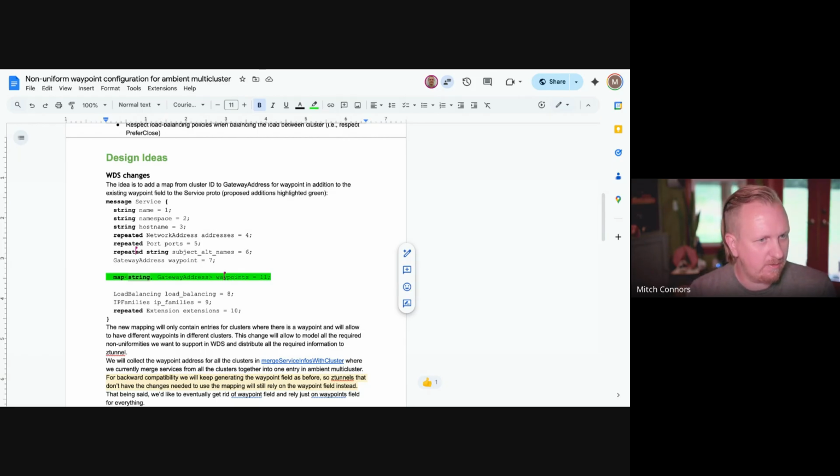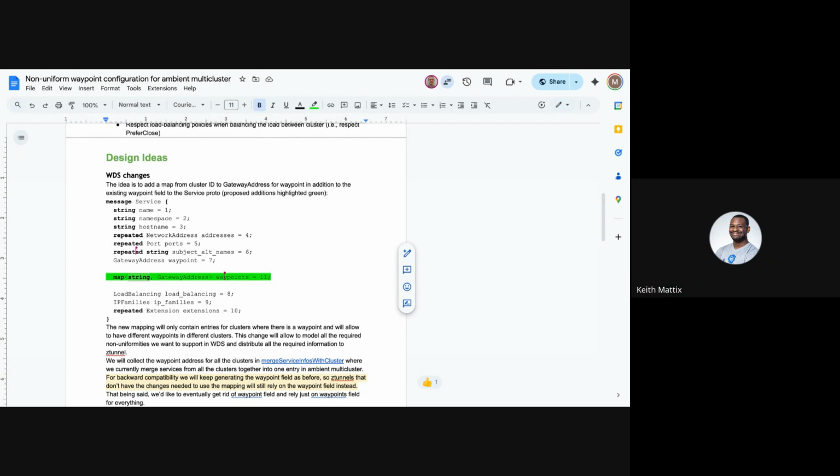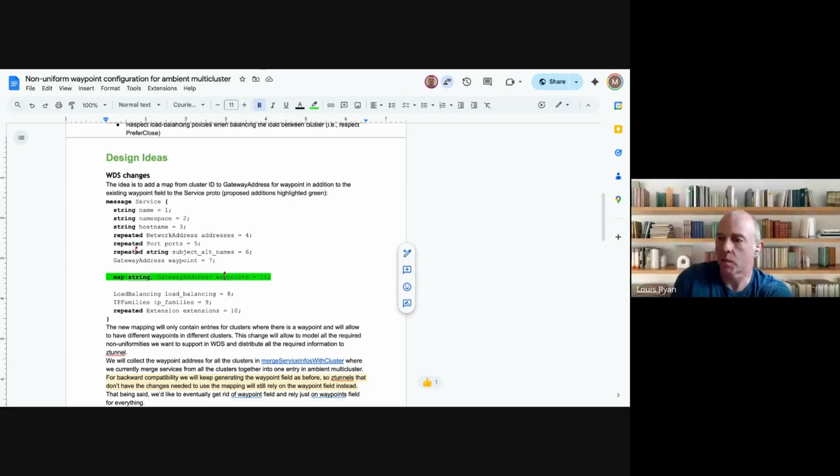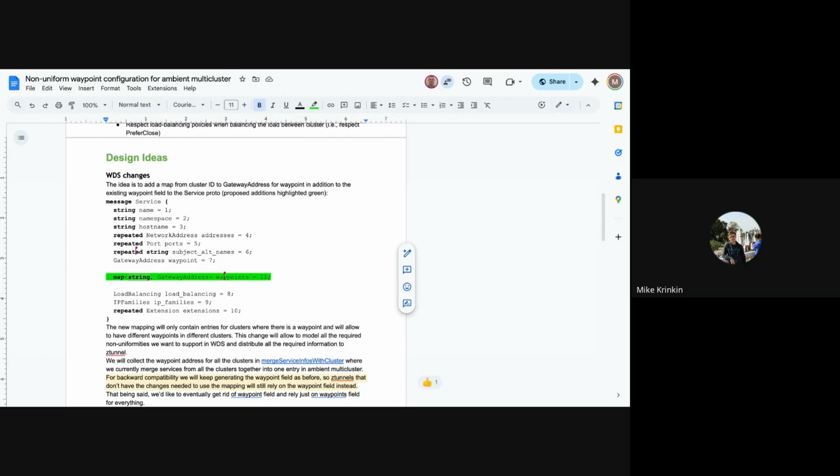Hold on, Louis, in that scenario, that happens anyway with the waypoint VIP changing, the network gateway address changing. That's already a property of the WDS, as I understand it. Yes, but it shouldn't affect service. Well, it will affect service if the waypoint address changes, right?